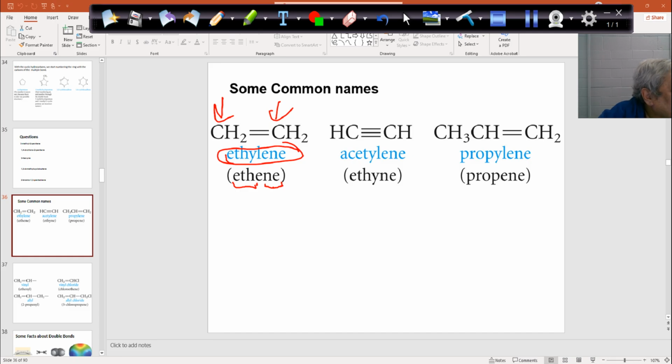Ethylene. Somebody tell me where you use ethylene? Polyethylene, the plastic one, the plastic bags, guys. The ethylene can be polymerized, as you will see later on, and you can make polymers out of it, plastic bags.